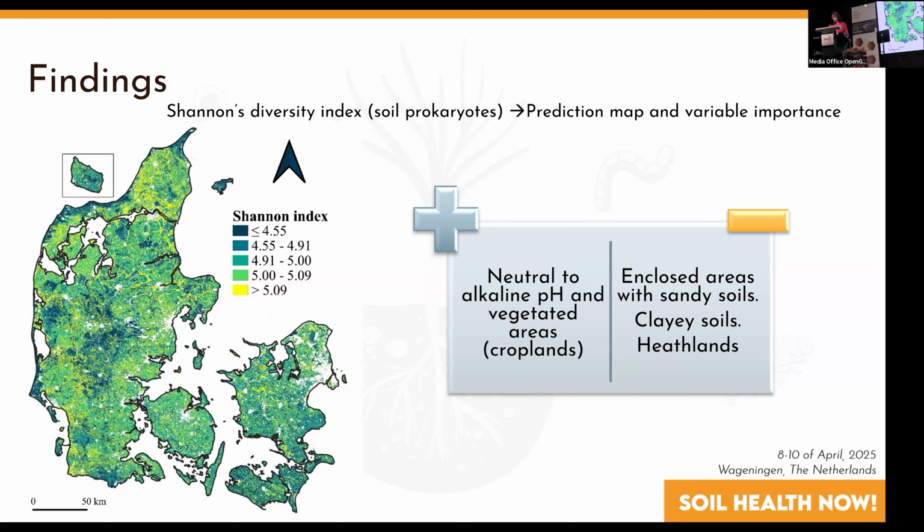Basically, neutral to alkaline pH zones and vegetated areas, mainly croplands, are related to higher values of this Shannon index. In contrast, we found that areas with sandy soils, especially in Western Denmark, but also clay soils, especially in the southeastern part, are related to low values. But we also found that the presence of heathlands is driving some low values in Western Jutland mainly.